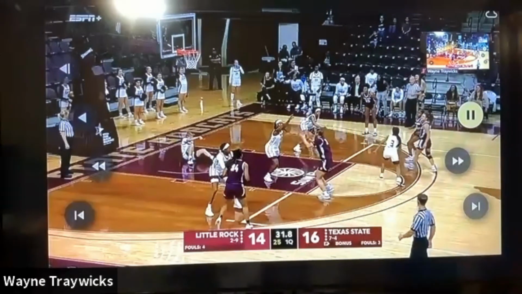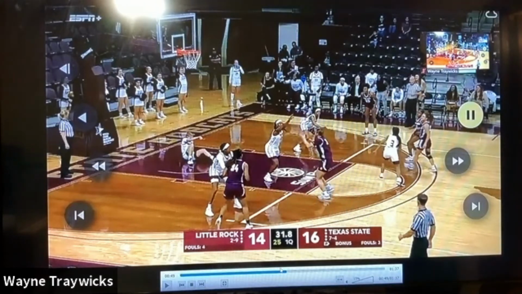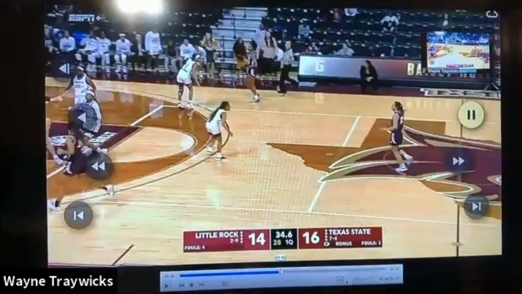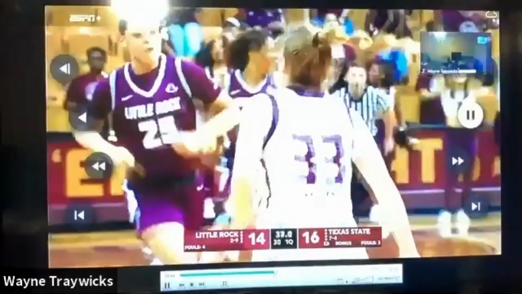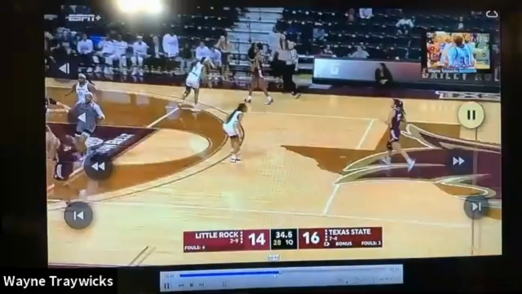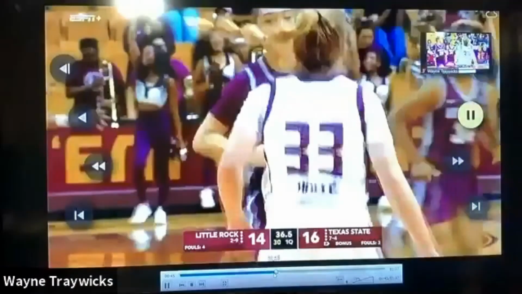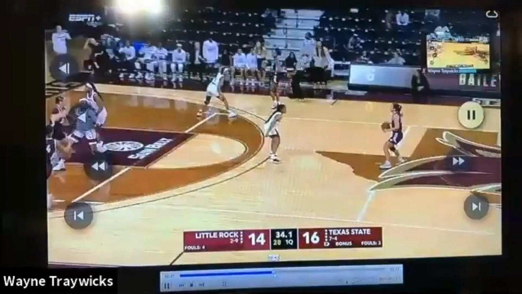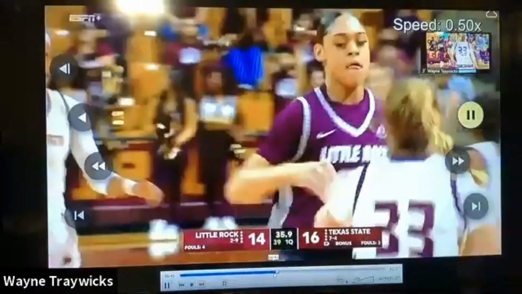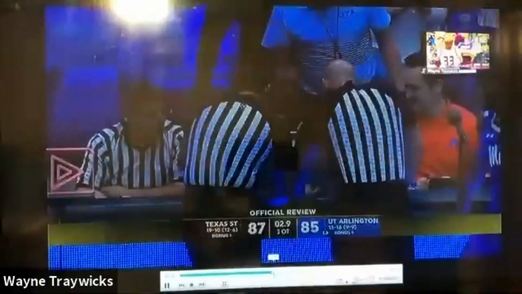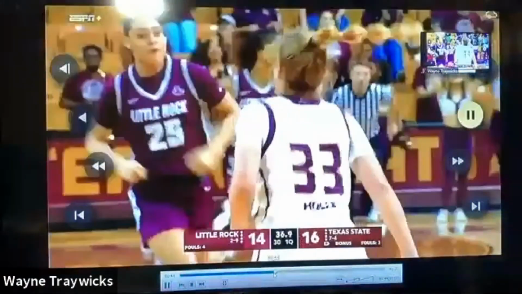So if we can go to the monitor, we'll see that first angle again, please, Wayne. Yep. I'm sure the coaches will be curious what we're going to look at, so we'll make sure and inform them that we're going to look for a potential unobserved intentional or disqualifying foul.